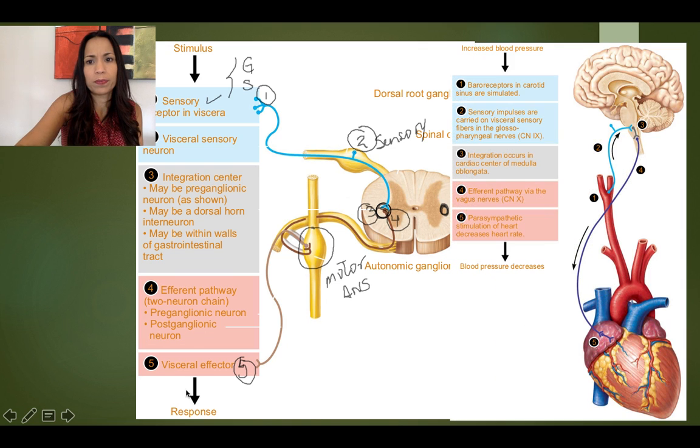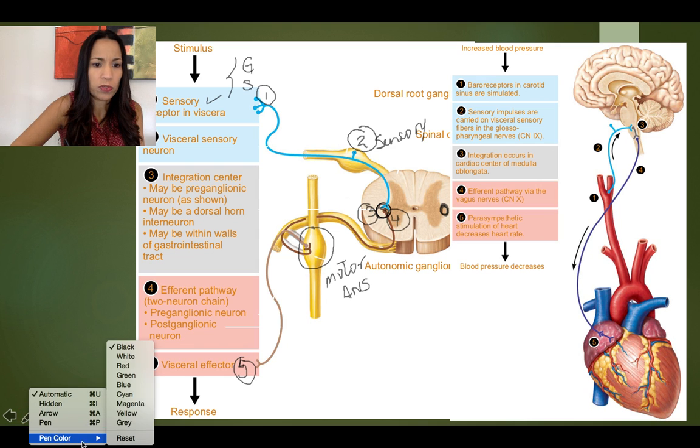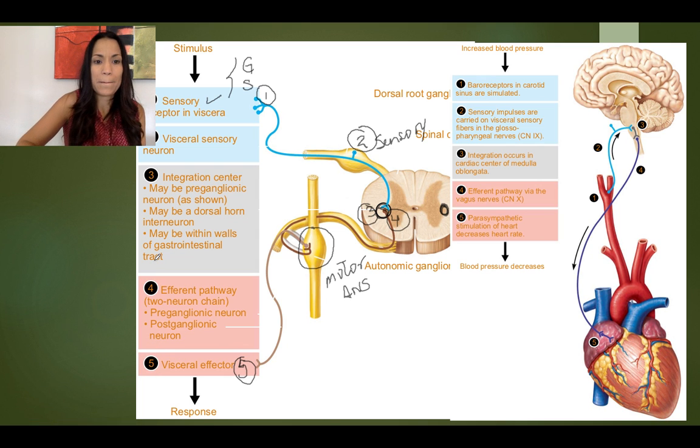Let's see an example. In here, we have the heart, which is the effector. And the receptors are located right here, this is a baroreceptor, a receptor that detects pressure. So it's detecting, let's say, the stimulus in here is that blood pressure is high.